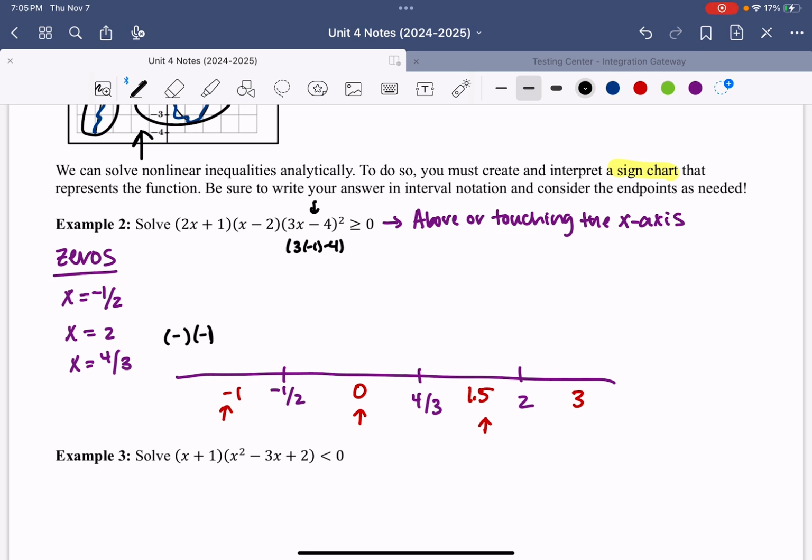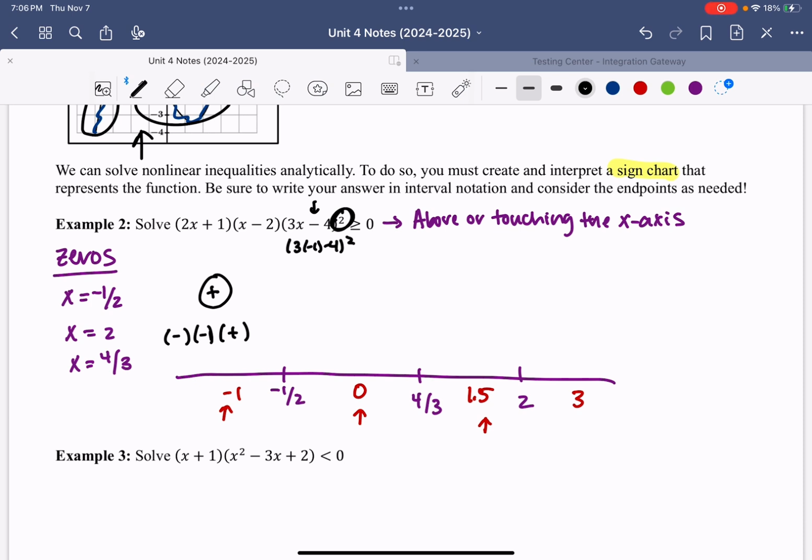That would give me -7, but the whole thing is being squared. So because my quantity is going to be squared, this portion will always give me a positive number. So what we have is a negative number from the first part times a negative number from the second part times a positive number from the third. That's going to ultimately be a positive number. So I know that within this region from -infinity to -1/2, my function is above the x-axis.